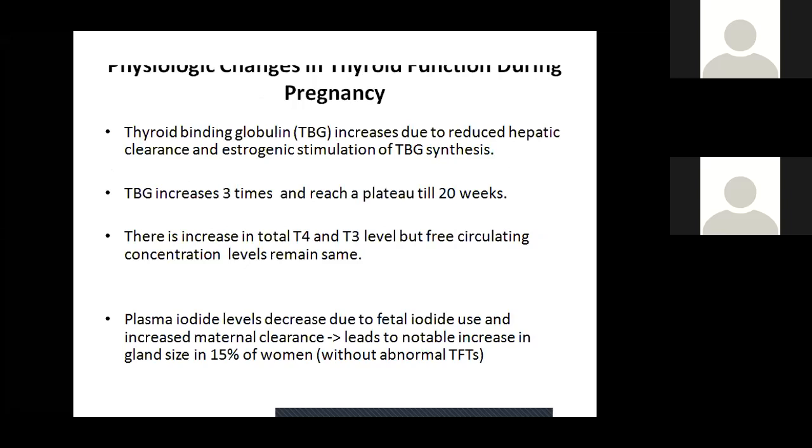There are a few physiological changes that occur during pregnancy. There is an increase in the total T4 and T3 levels, but there is a concurrent increase in the thyroid binding globulins due to the reduced hepatic clearance and estrogenic stimulation. As the total T3, T4 levels and thyroid binding globulins are both increasing, the free circulating levels of T4 and T3 are the same.